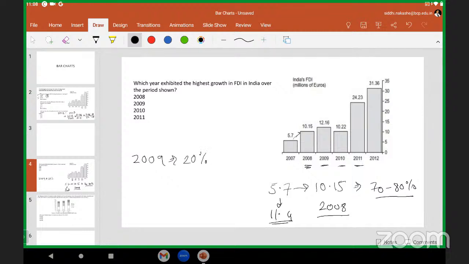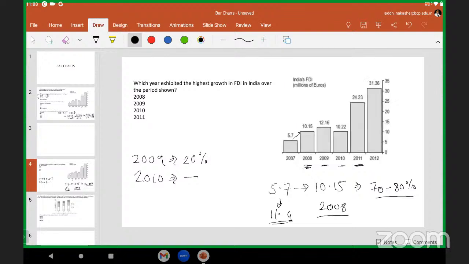For 2010, there is no growth. Here the FDI has gone down, and it has gone down by some percent, which is not that high. So we'll write down 2010. Okay. And if you closely look at 2011, it's almost double. So for an increment in 10 that is above 100%, it has to be above 20.